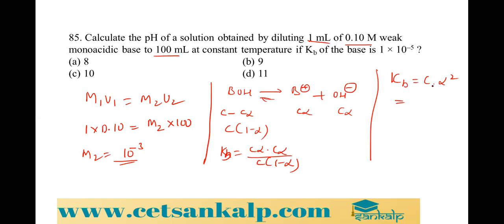In the denominator, 1 minus alpha, I am just taking it as 1, since it does not change. So if alpha is needed, that is equal to the square root of Kb divided by C. Okay, Kb by C. Then if the OH minus ion concentration is needed, it is C alpha, that is equal to the square root of Kb by C into C, that is nothing but the square root of Kb into C. Now let us see, I am ringing the bell.